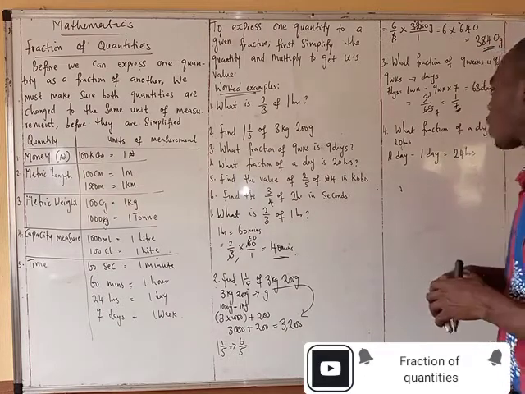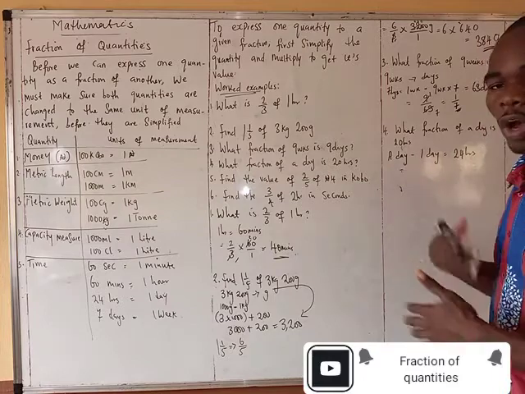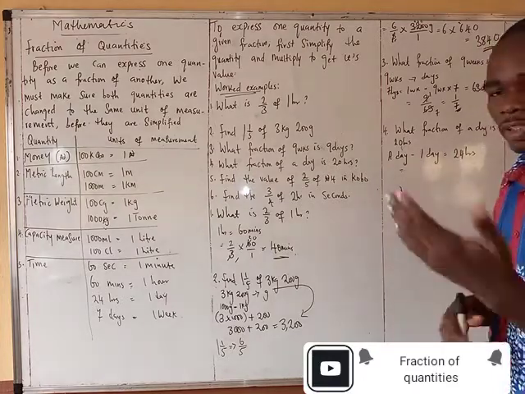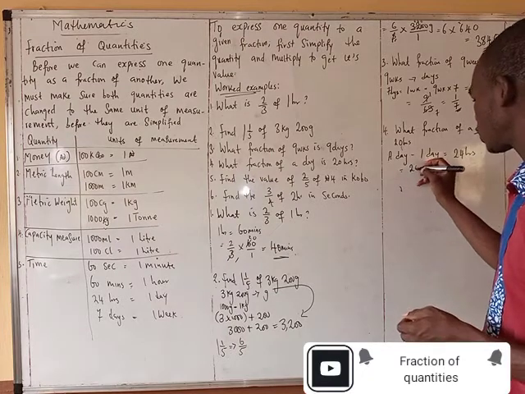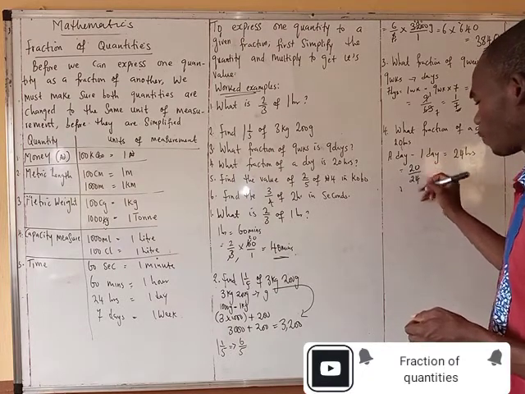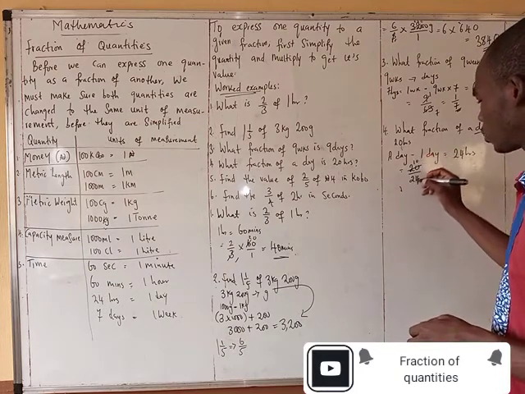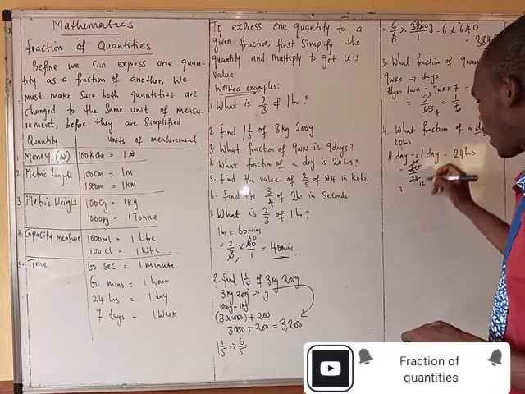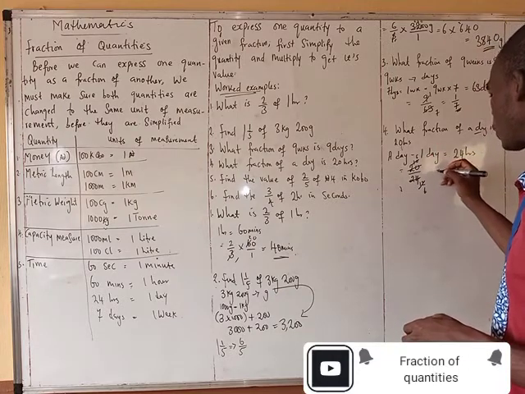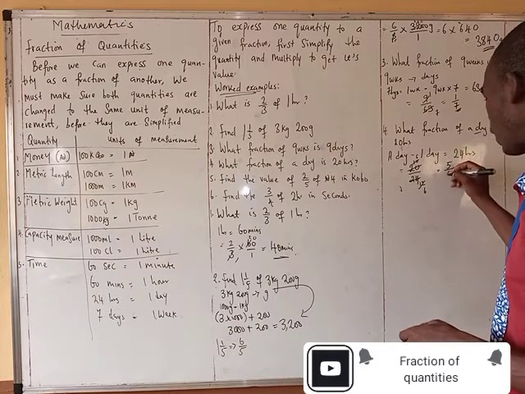So what they're asking us is what fraction of 24 hours is 20 hours? Because a day means 24 hours. So what I'm going to do now is 20 over 24. This is not the lowest term. 2 in 20 is 10, 2 in 24 is 12, right? 2 in 10 is 5, 2 in 12 is 6. So what fraction of a day is 20 hours? 5 over 6.